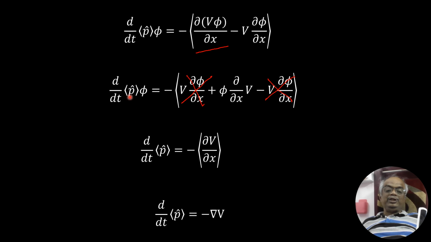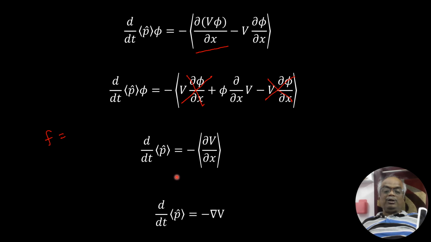Then you will get the time derivative of the expectation value of momentum is equal to minus ∂V/∂x in one dimension. What is the time derivative of momentum? It is nothing but force. The rate of change of momentum is nothing but force, which is equal to the negative gradient.